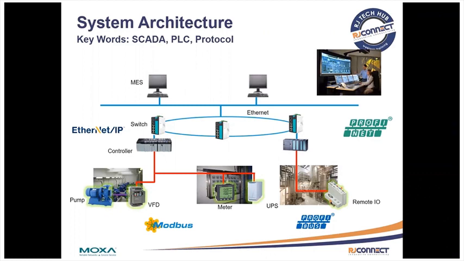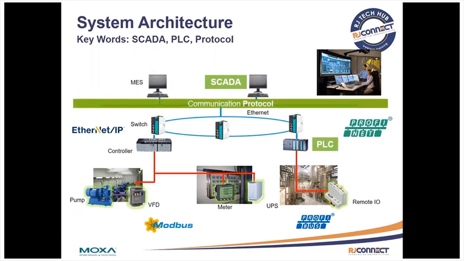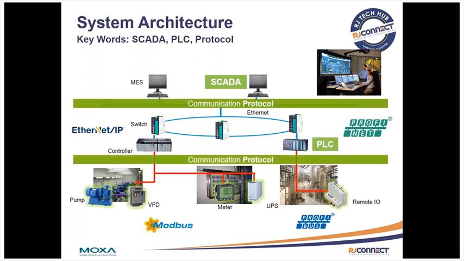A typical system architecture for an industrial control system includes things like a SCADA, our PLCs, and the protocols that we use to communicate with these devices. So on the lower level, you'll see we have our remote IO, UPSs, pumps, drives, and so on.